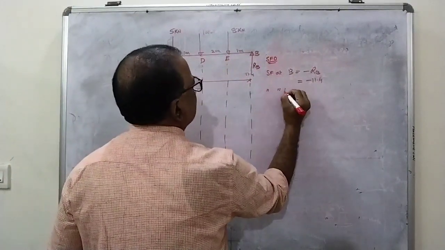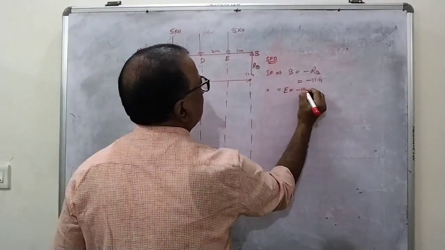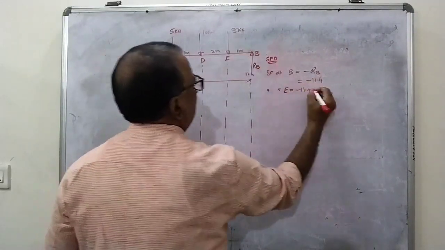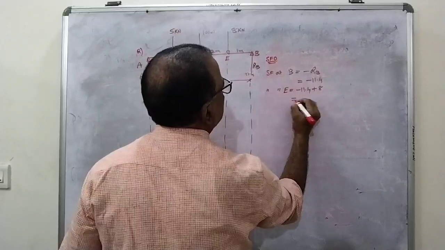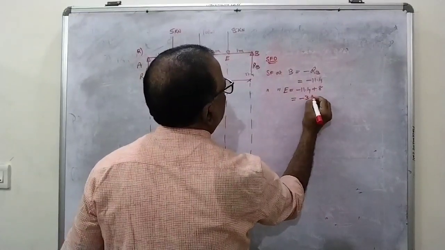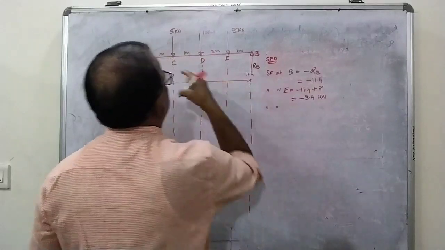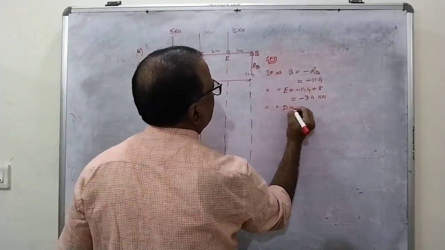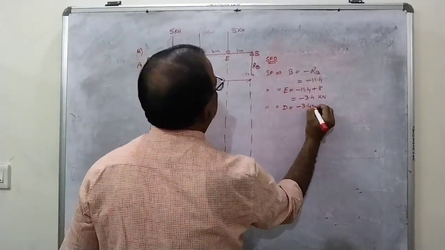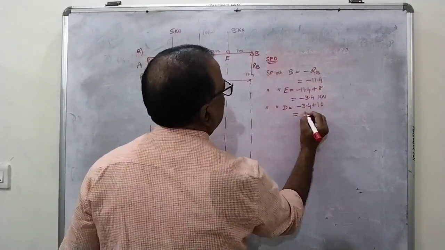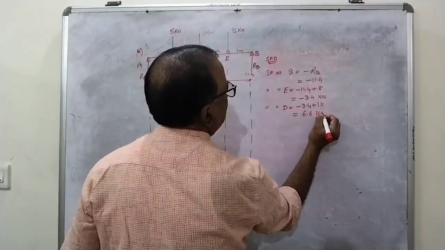At E it changes. At E, earlier value is 11.4, downward load is plus 8, to minus 3.4. Next, at D, earlier value is minus 3.4 plus 10, 6.6 kilonewtons.